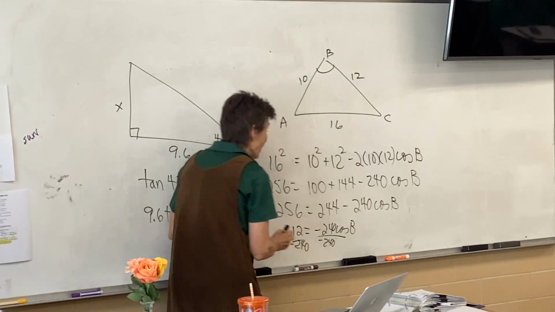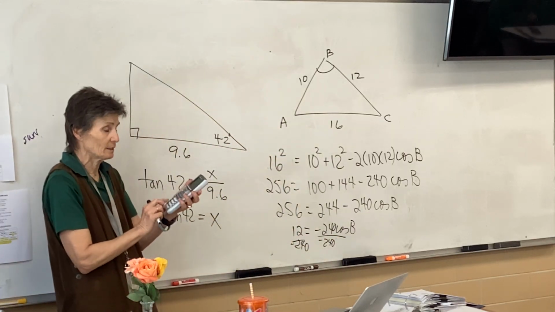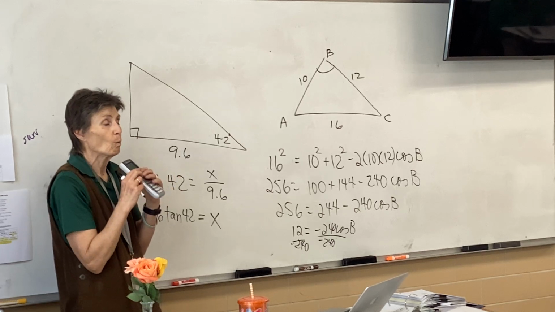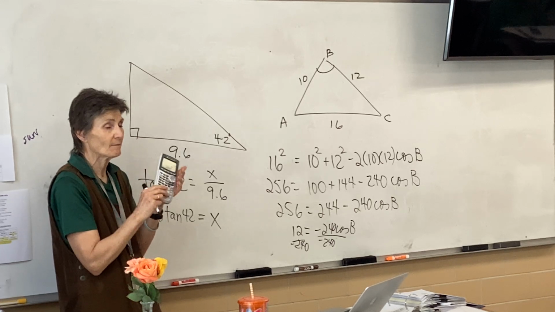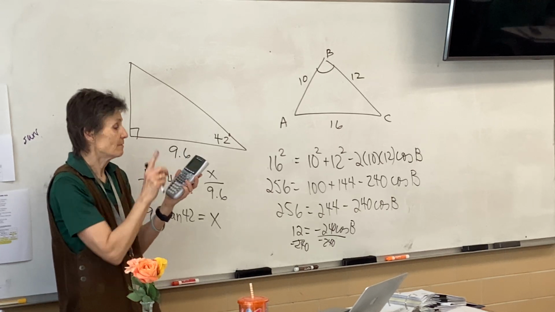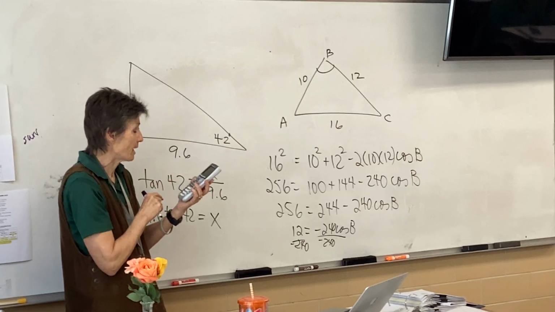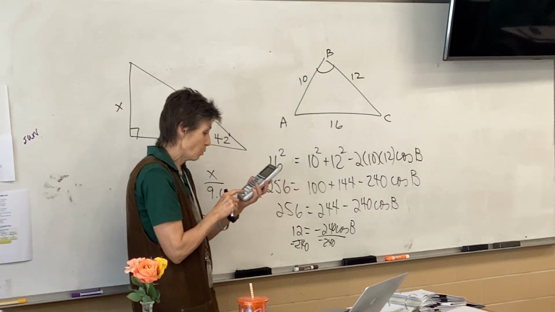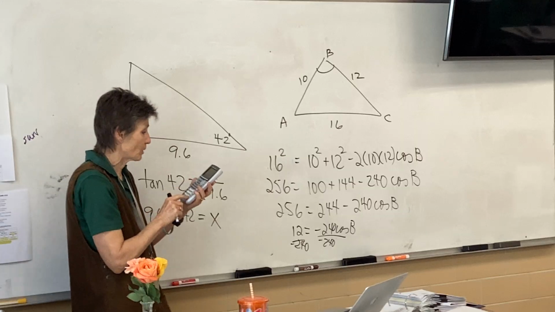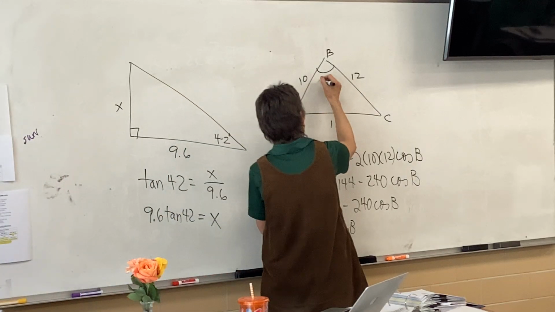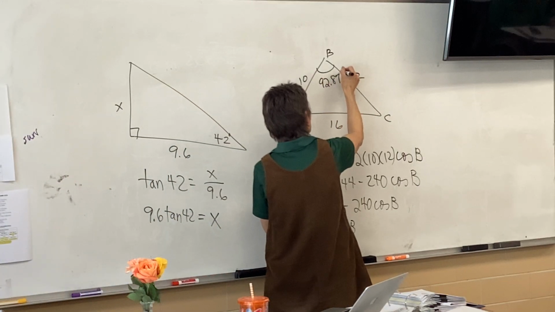And then, how do we put that into our calculator? We wanna find an angle. What do we have to press? Inverse. So second cosine, 12 divided by negative 240, and it's 92.87 degrees.